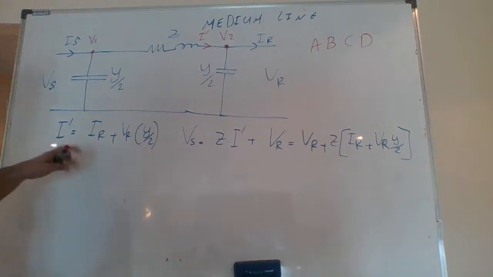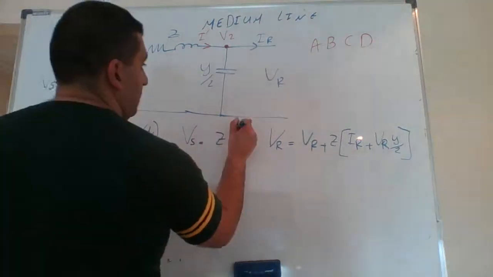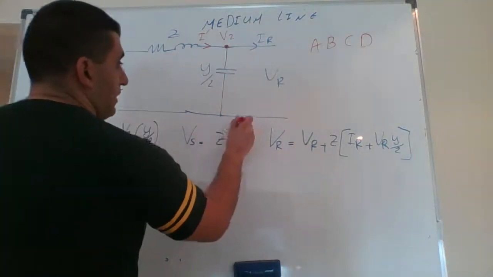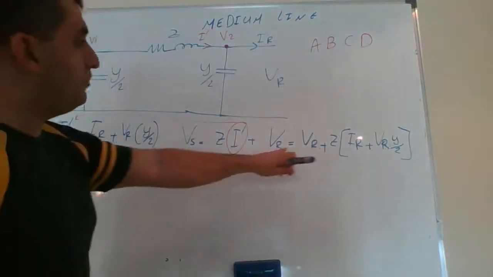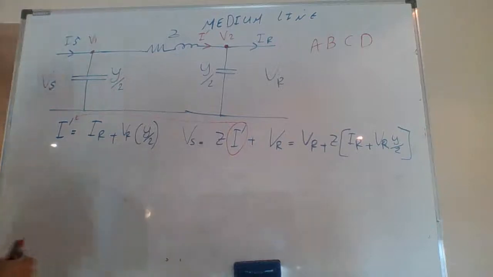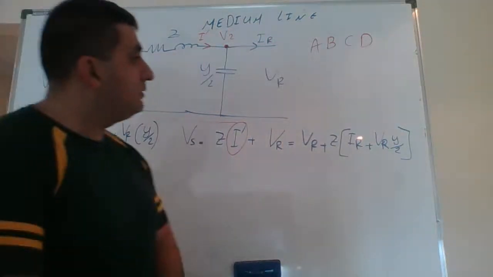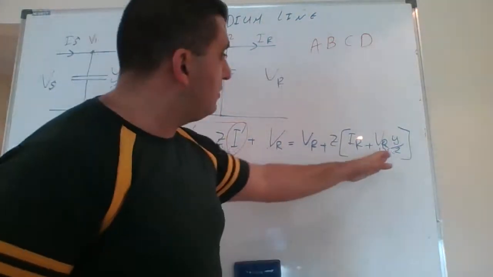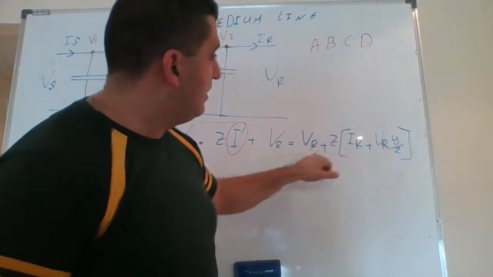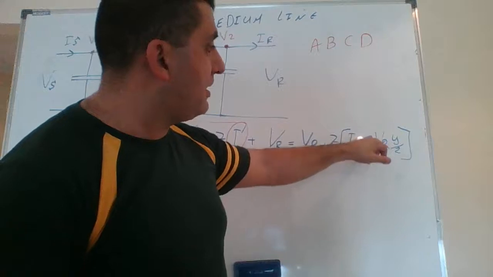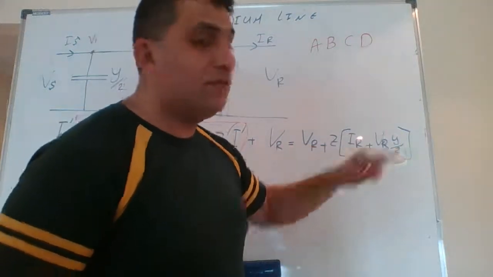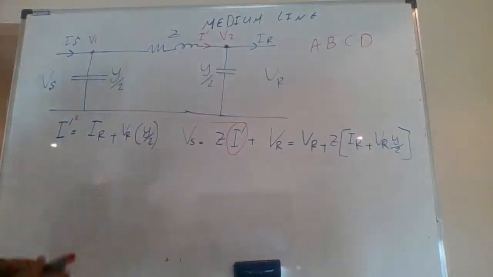See, what I've done is I replaced this I dash with its value, and that's what I end up with. Now I break this, so I have Vs equal to Vr plus Z Ir plus ZY over 2 Vr. Is that clear?